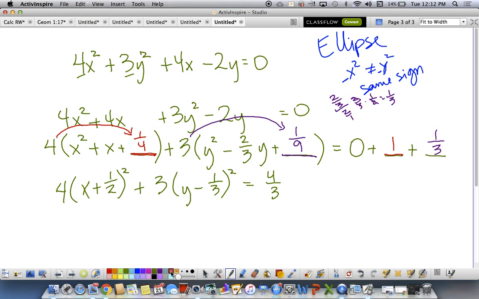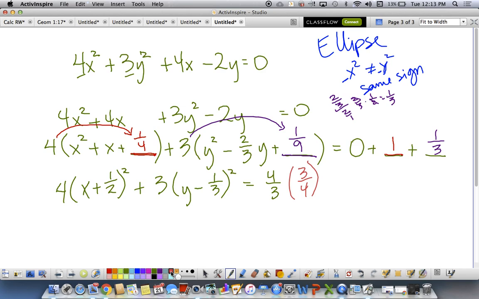So we want this to be 1, so we're going to multiply. For ellipses and hyperbolas, they want it to be 1. Circles it doesn't matter because it's going to be the square root of it. Because in a circle the radius is the same distance all the way around.